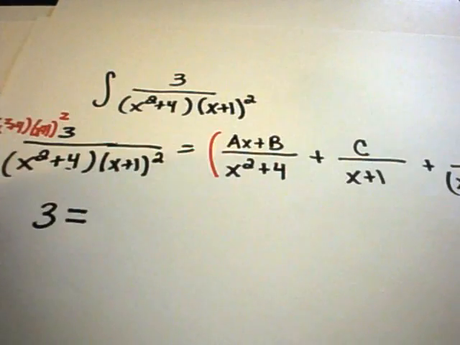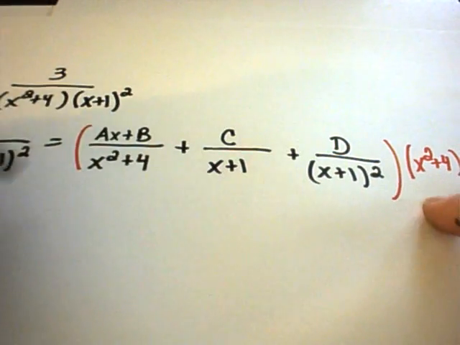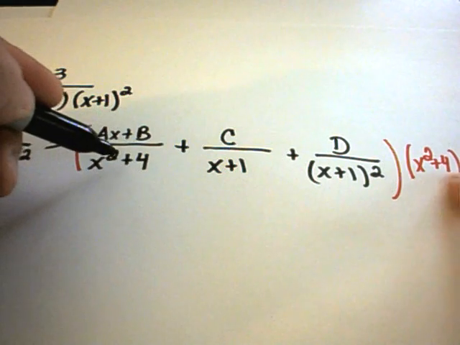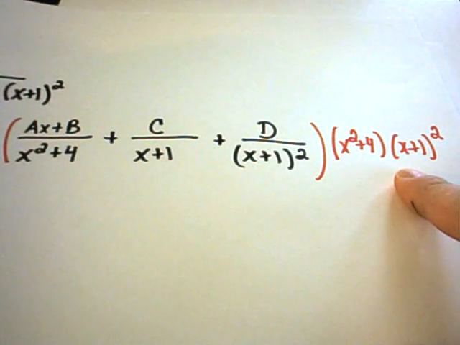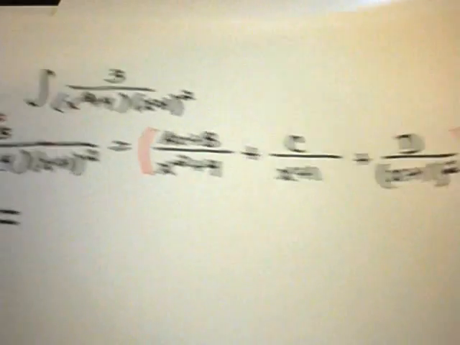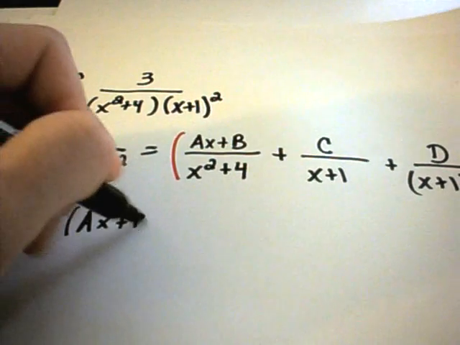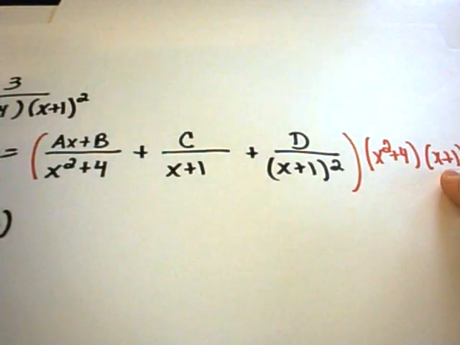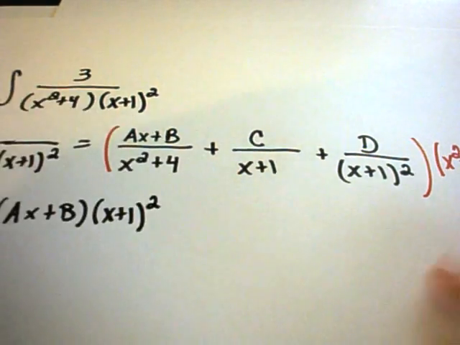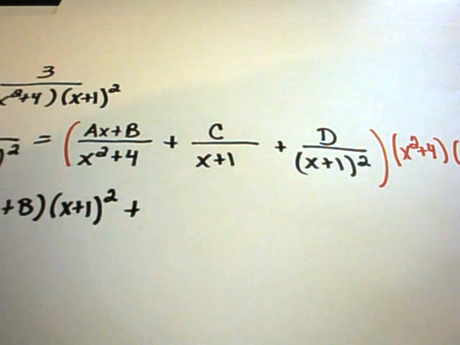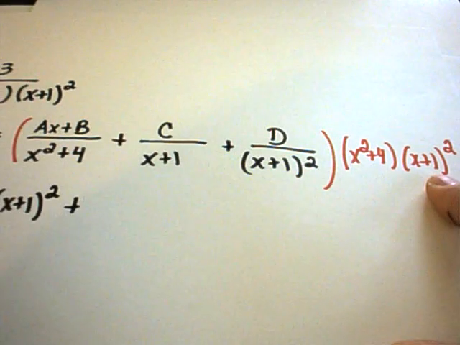And then on the right side, okay, when we multiply the ax plus b over x squared plus 4, when I distribute the x squared plus 4 times x plus 1 quantity squared term, the x squared plus 4 is going to cancel, and I'll be left with ax plus b, and then I'll have the x plus 1 squared terms. And then in the middle term, one of the x plus 1 terms is going to cancel.